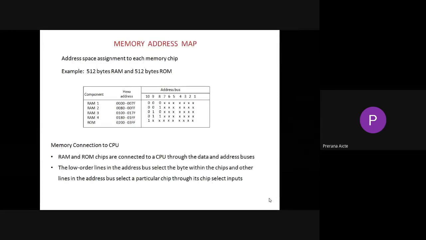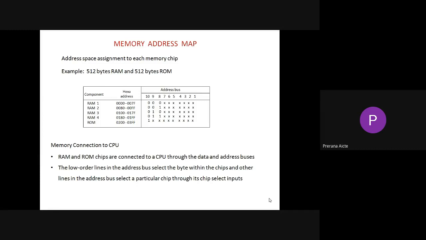When address lines 8 and 9 are equal to 00, the first RAM chip is selected, and when 01, the second RAM is selected, and so on. The read and write outputs from the processor are applied to the inputs of each RAM chip. The selection between RAM and ROM is achieved through bus line 10.